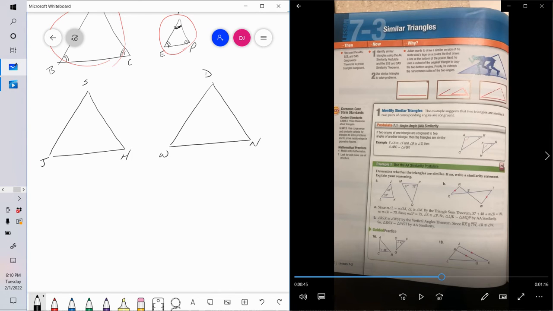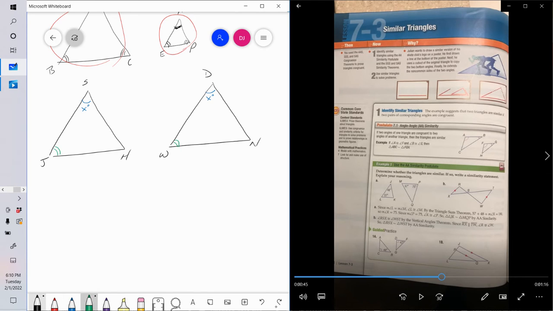Let's suppose that we know that angle S is congruent to angle D, and angle J is congruent to angle W. Let's make this a little easier and say that angle S is x degrees, so angle D would also be x degrees.